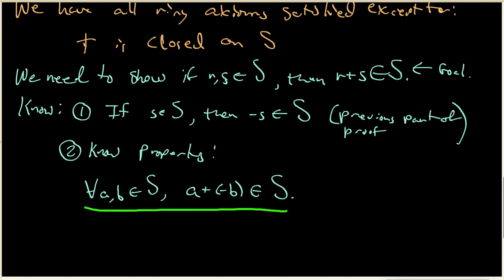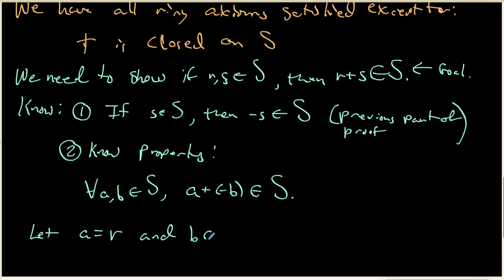And what I'm going to do is choose appropriate values for A and B. So I'm going to let A be equal to R, and I'm going to let B be equal to minus S. And I can do that because this up here says that if I have S inside capital S, then minus little s also belongs to capital S. So we know that these two things are going to be inside of S. So I want to make that a note.